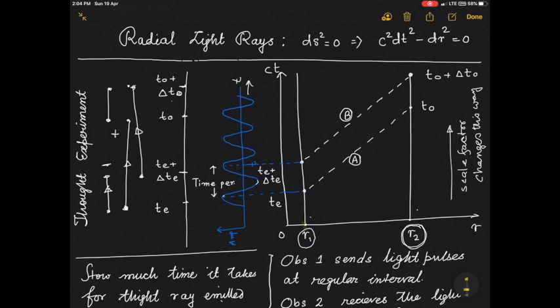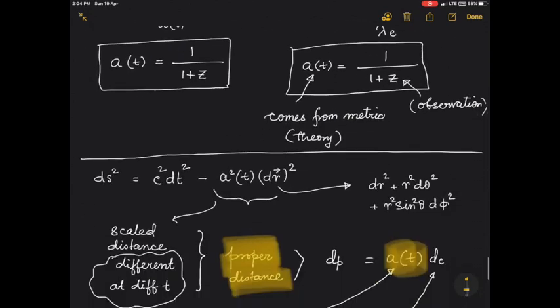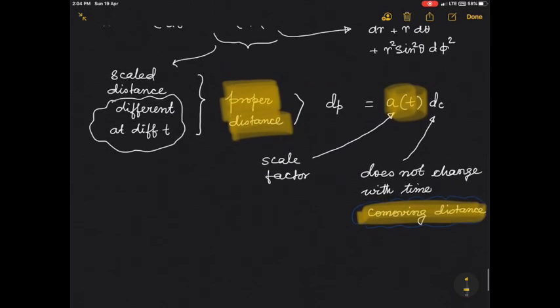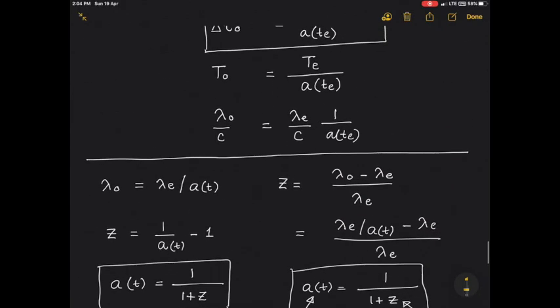It's very important because the velocity of this observer with respect to this observer in terms of the coordinate R is 0. And that's what I mean when I say that the co-moving distance between these two observers doesn't change.